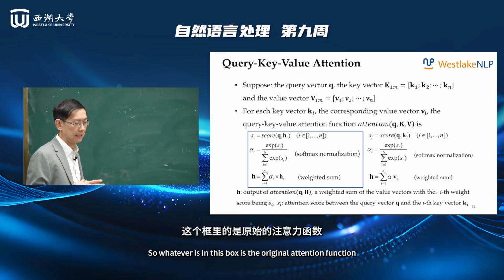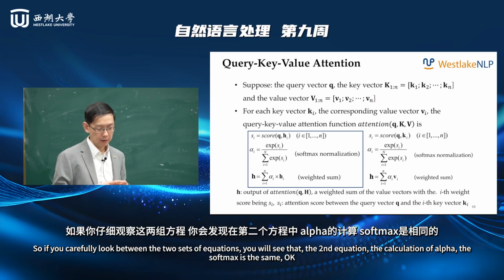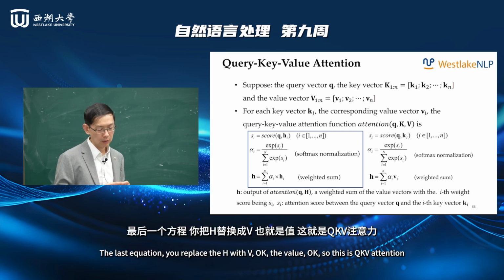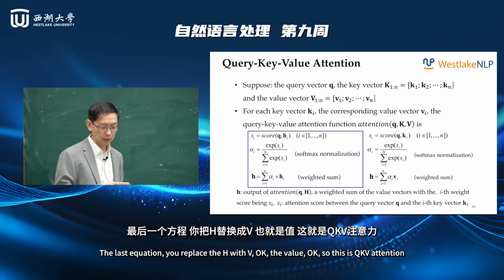So whatever is in this box is the original attention function. So if you carefully look between the two sets of equations, you will see that the second equation, the calculation of alpha, the softmax, is the same, okay? The first equation, you replace the HI with KI, so the key. The last equation, you replace the H with the V, okay, the value, okay? So this is QKV attention.